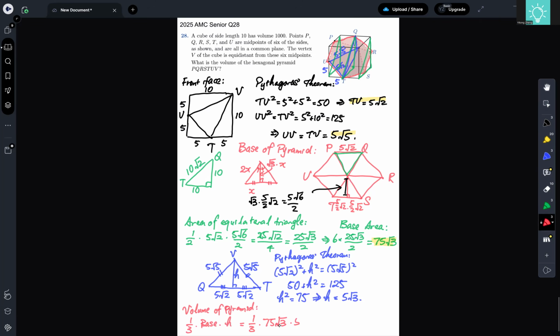And the height is 5 square root of 3. Okay, the square root of 3's actually cancel out, because 2 square root of 3's multiplied together give you 3. That cancels out with the 3 in the denominator, and that becomes 75 times 5, which is 375, which is the volume of the hexagonal pyramid. And we are done.